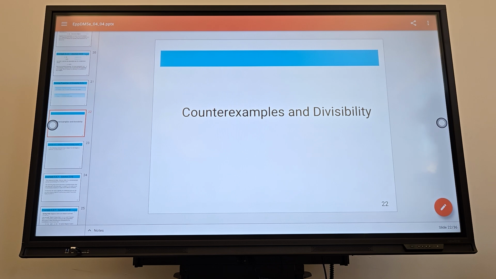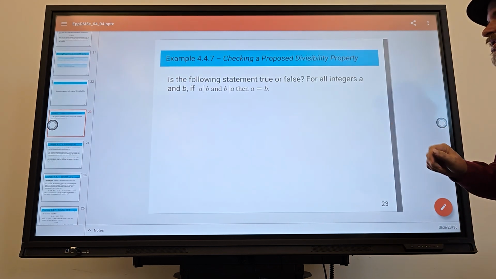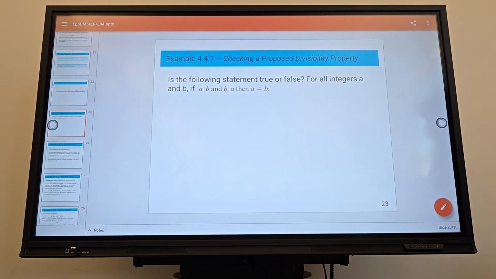Counterexamples and divisibility. Is the following statement true or false: for all integers a and b, if a divides b and b divides a, then a equals b? Is that true?